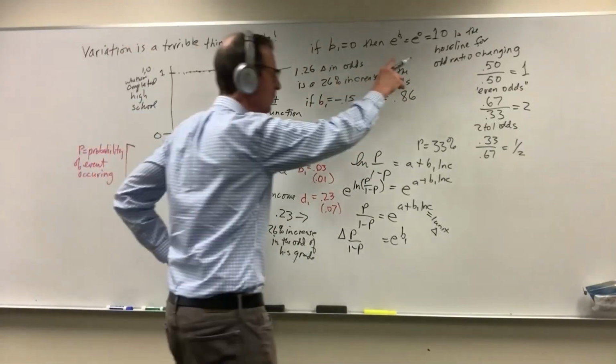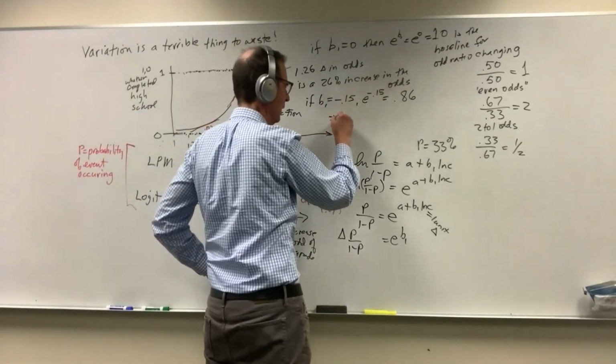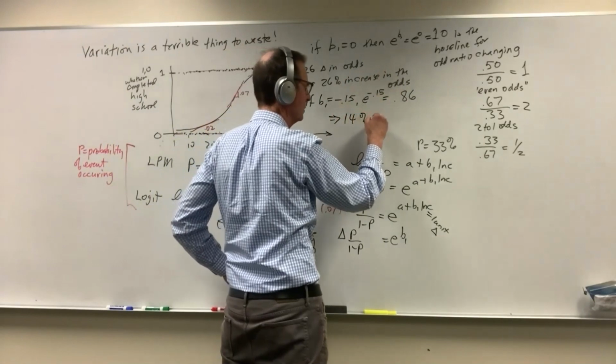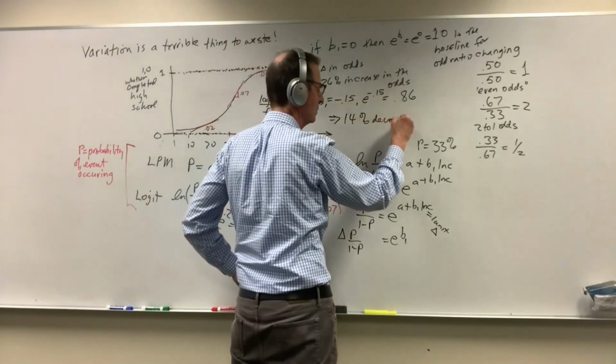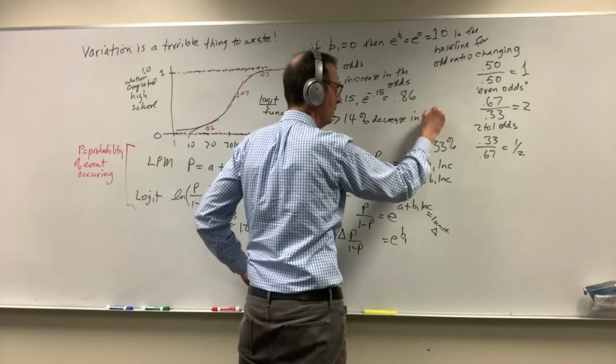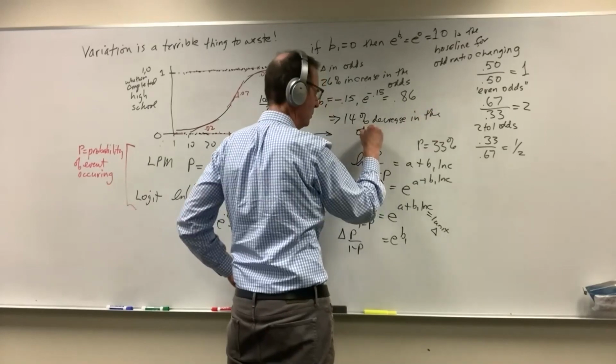So relative to 1, that's a 14% decrease in the odds of high school graduation.